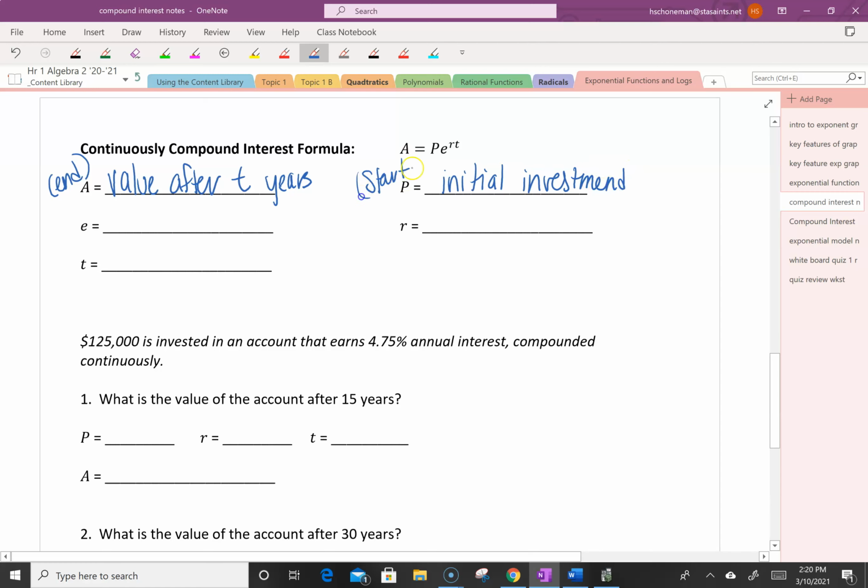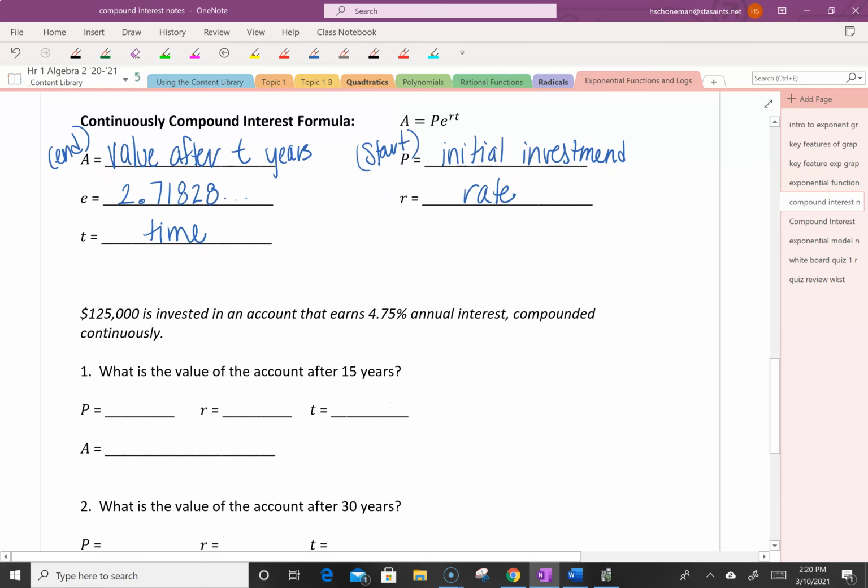So you start with P and invest it, and then in the end you have A. Now E looks like it's a variable, but E, just like pi, represents a number, and it's the same number every time. It's 2.71828. So this number is E, and you're going to have the opportunity to watch a video later of how they derive E and where it comes from, but E is a specific number, and we'll learn how to put that in our calculator in just a second. So the rate, R is the rate, and then T is the time.